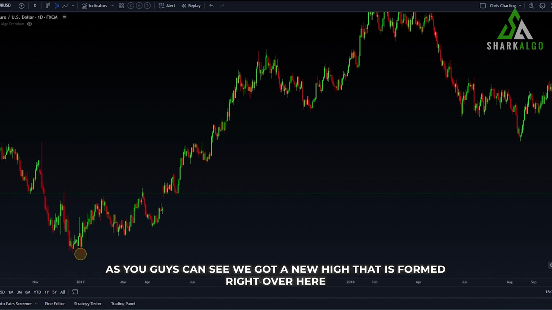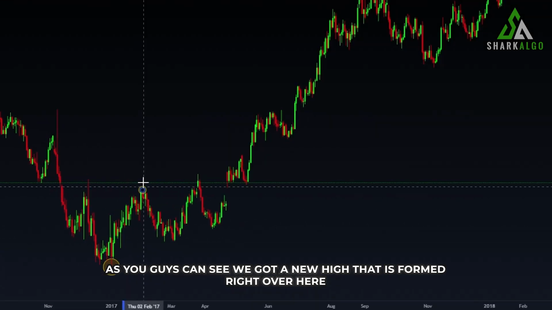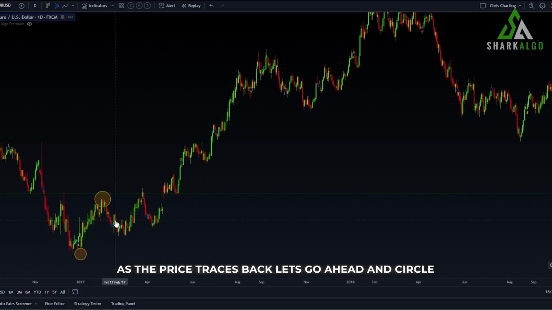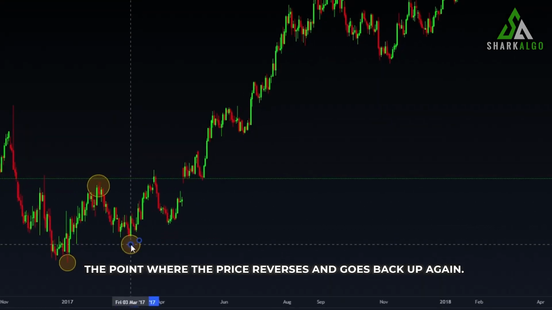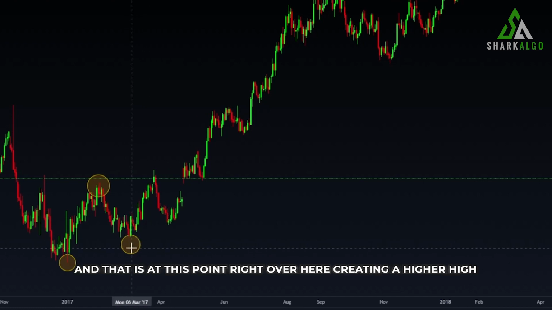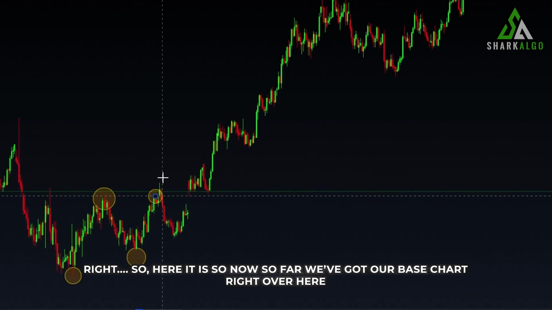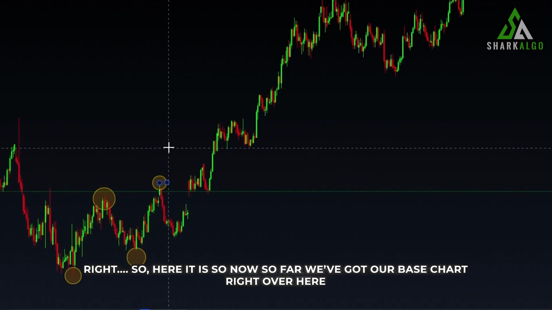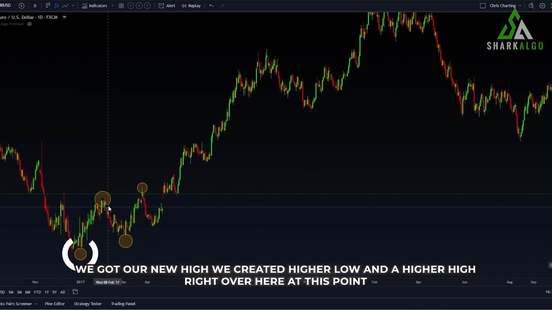As you guys can see, we've got a new high that is formed right over here. As the price traces back, let's go ahead and circle the point where the price reverses and goes back up again, and that is at this point right over here, creating a higher high, right? So there it is. So now so far we've got our base start right over here. We've got our new high.